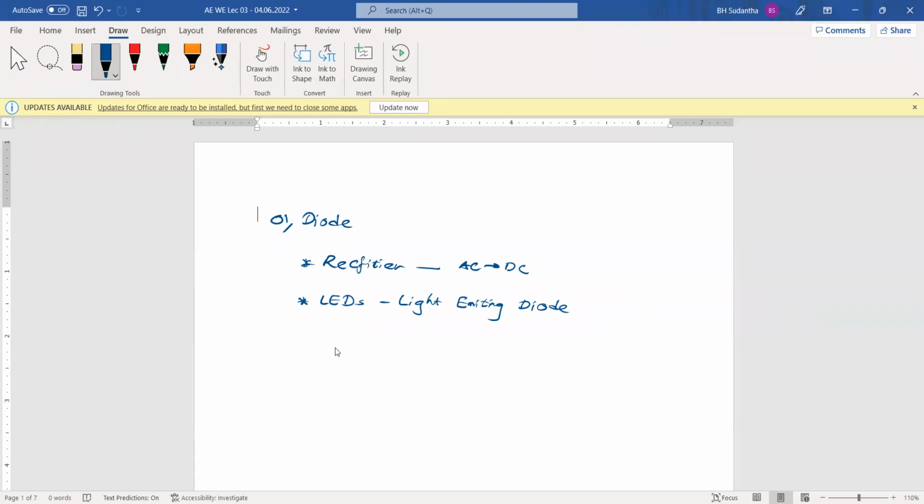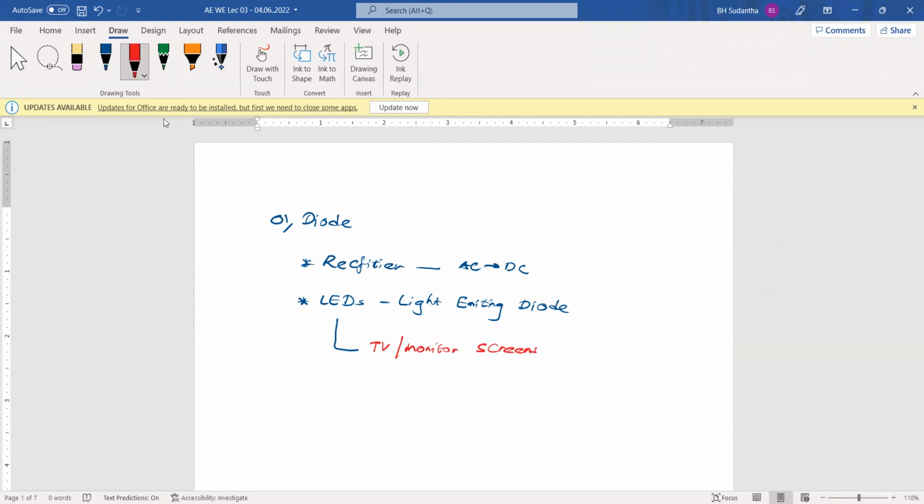Okay, but later on we use LEDs for different types of purposes. For example, for TV or monitor screens. But this is not a normal monitor or TV.